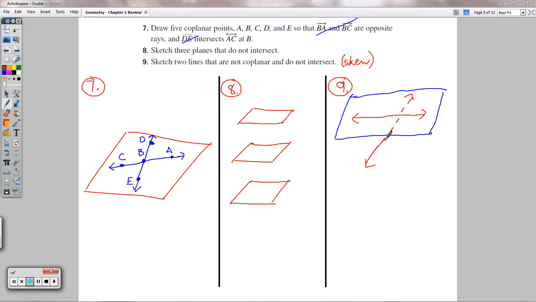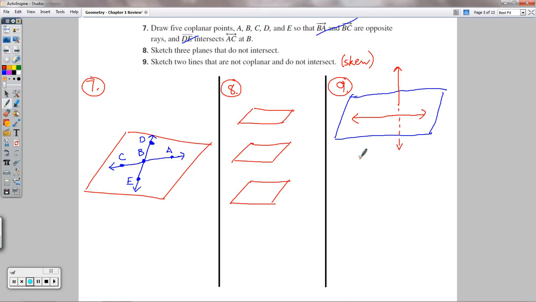Maybe a slightly better way to do this would be to draw it so that it extends on there a little bit more, and then all of a sudden it goes through there. So this is okay, but I think a better way to do that might be more like this. So pretend this line's on this plane, and then maybe you have an arrow shooting straight through the paper vertically, and then it dips down like that.